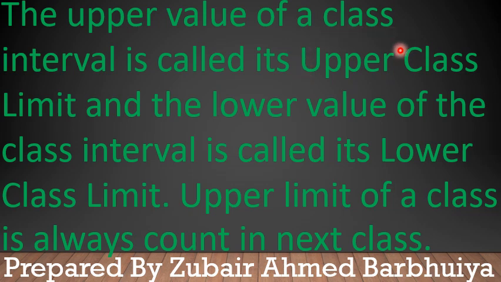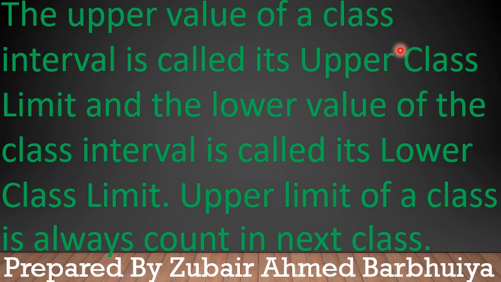Now, the upper value of a class we call the upper limit. In grouped data there are so many classes. In each class there are two values: one is the upper value and one is the lower value. The lower value is called the lower limit and the upper value is called the upper limit, or upper class limit.